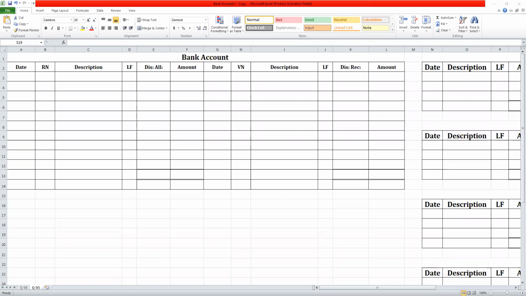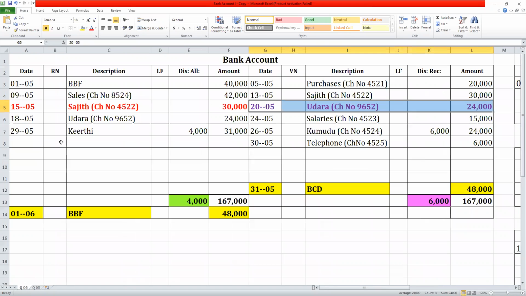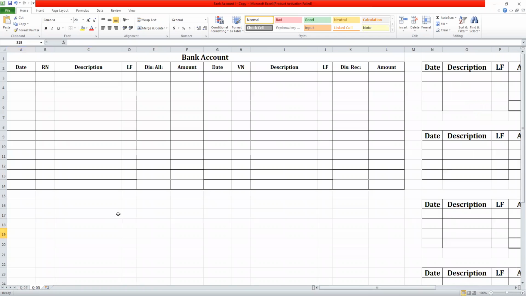Can you remember the previous question? We recorded the balance brought forward in the debit side. Why? It was a favorable balance. It didn't say directly in the question, but the normal balance of the bank account is always found in the debit side. But this is a special occasion.